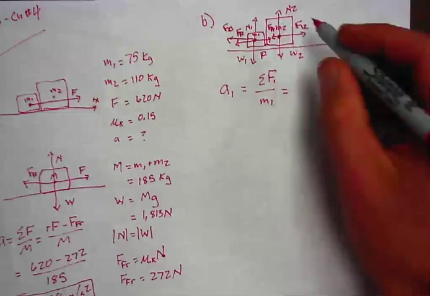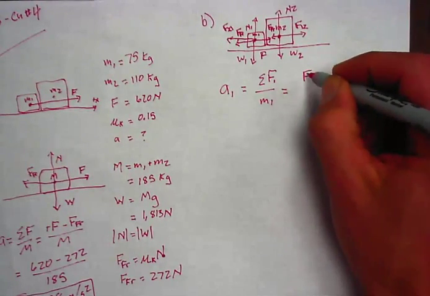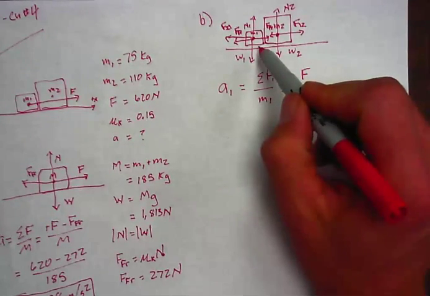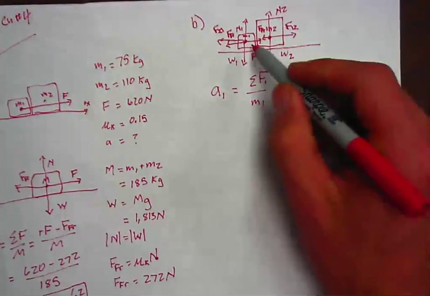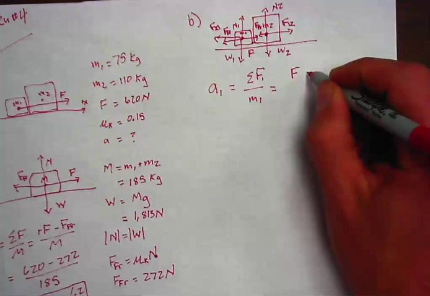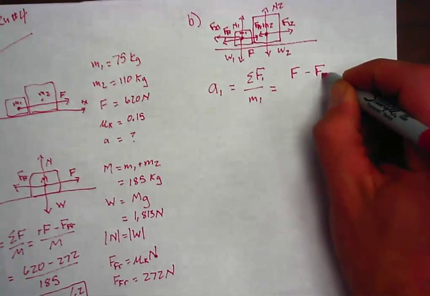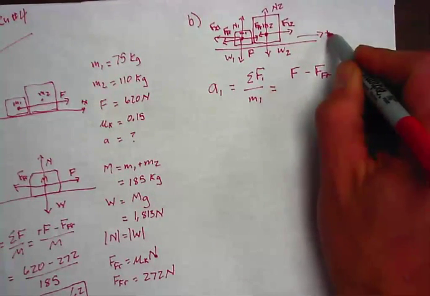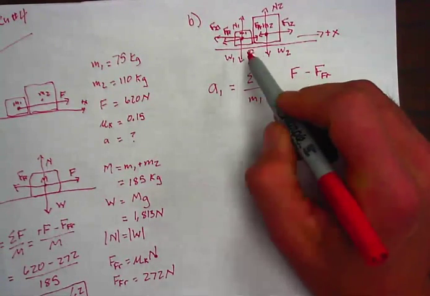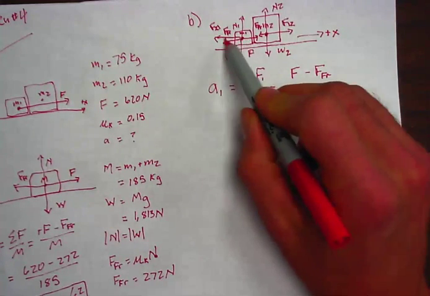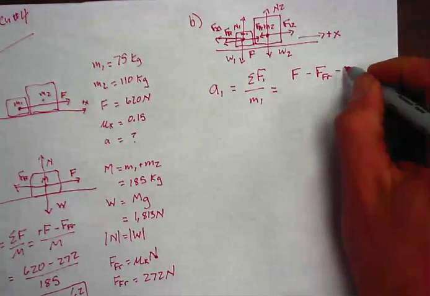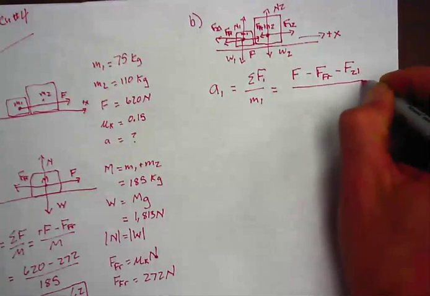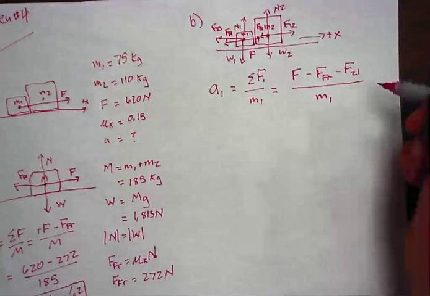So really the forces I have are a plus F to the right, the 620 newton force that I'm pushing on it with originally, and then minus a force of friction. To the right is assumed to be our plus direction, so this force of friction is pointing to the left. And then I also have the force that box 2 is pushing on box 1 with.